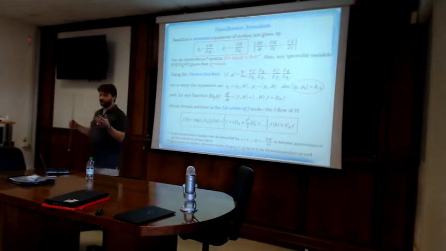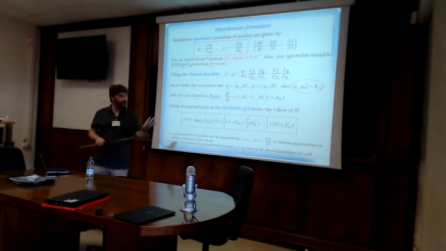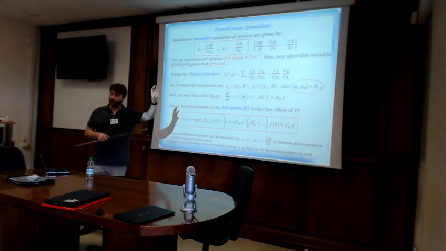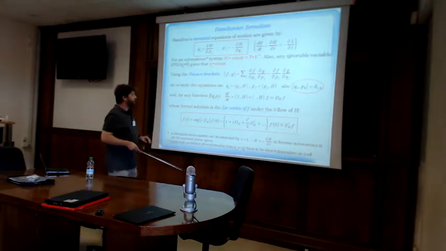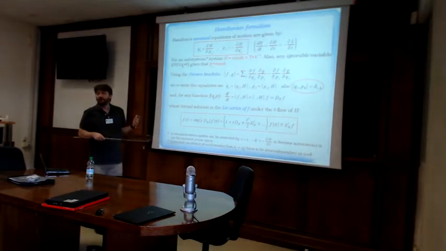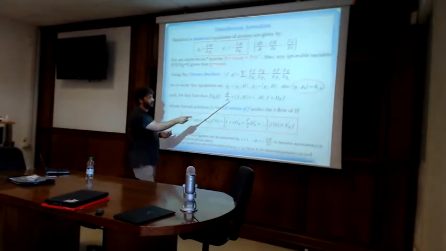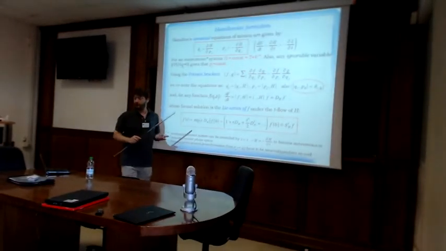So it's either 0 or 1, depending on what you choose. This is important because it can be used as a criterion later on to check if a transformation is canonical or not.